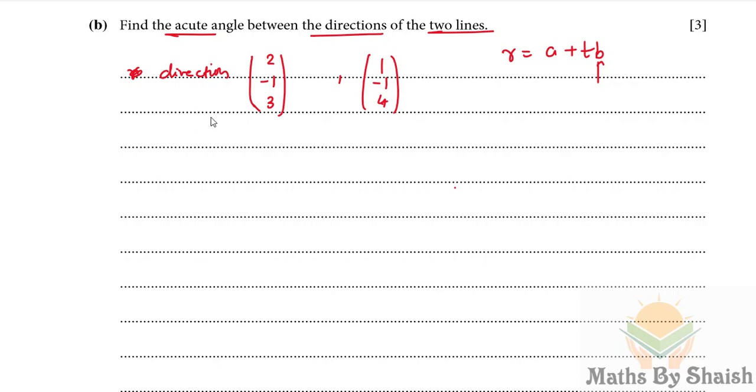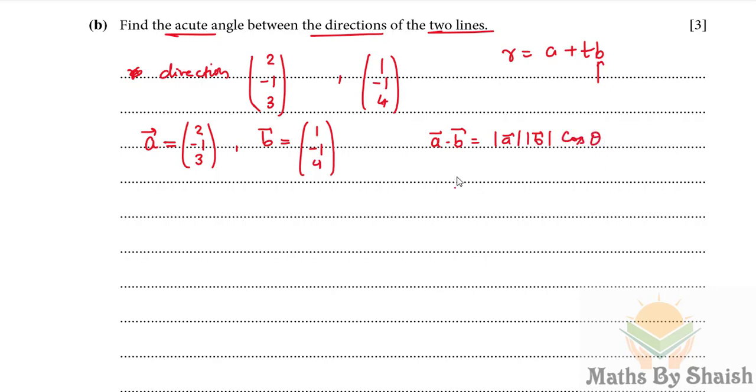So these are the two vectors. We can write a vector as 2, -1, 3, and b vector as 1, -1, 4. And we know how to find the angle. We have the formula for the dot product: a dot b is modulus a times modulus b times the cosine of the angle between them.